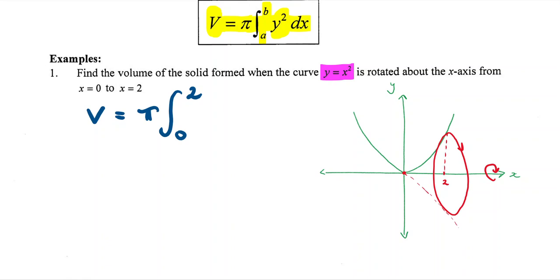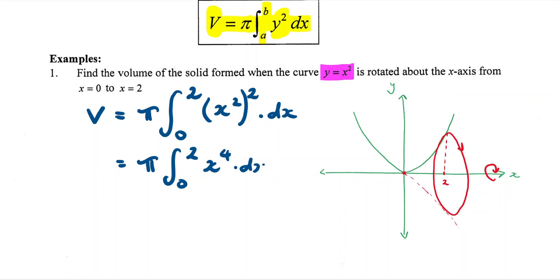If y is equal to x squared, that means I have x squared for a y, and I need to square that in terms of dx. Okay, let's just expand that bracket. X squared squared would be x to the power of 4.